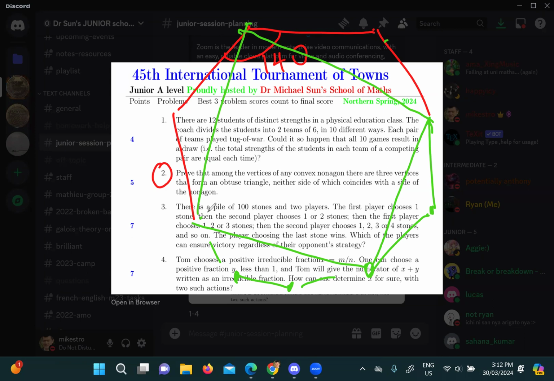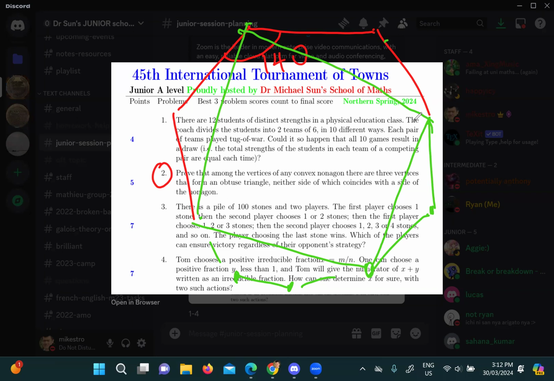The nice thing about this quadrilateral is every angle on it is one of the angles that can satisfy the question. So if any of them is more than 90, then you're done, you just close it up and you have a triangle. So you can assume that all the angles are at most 90.